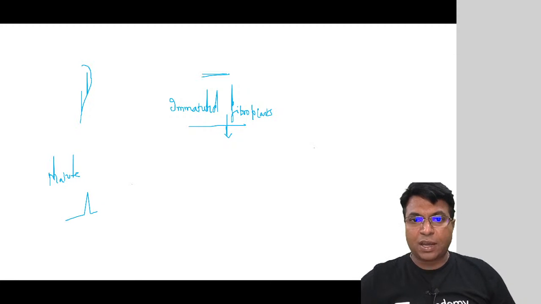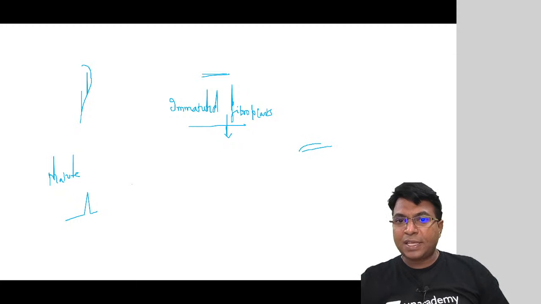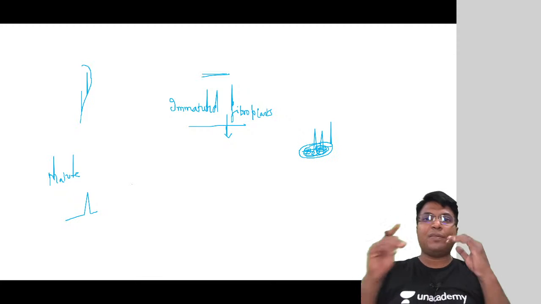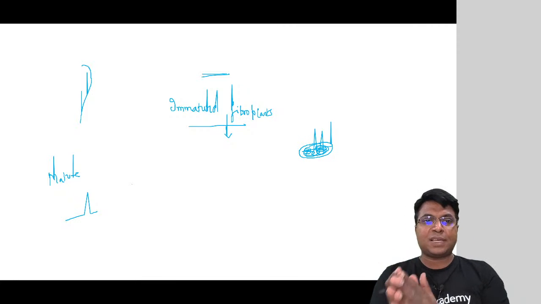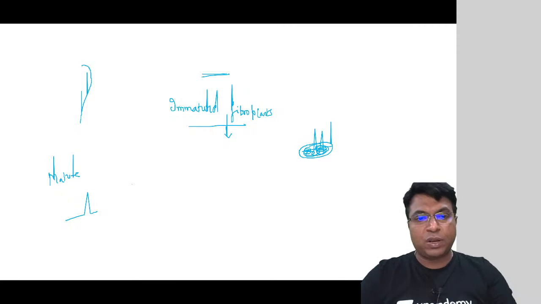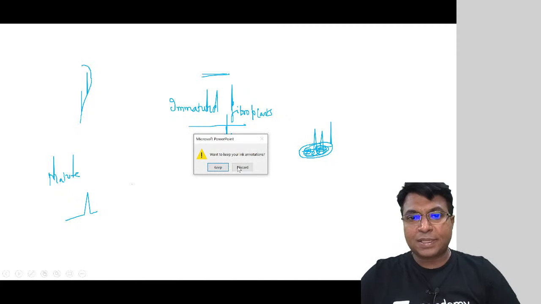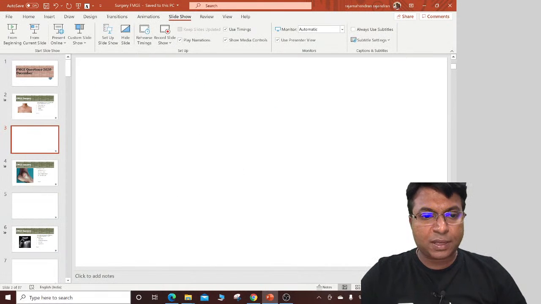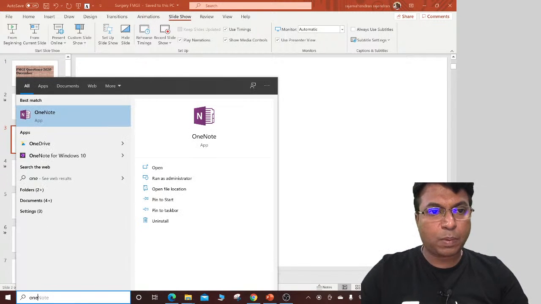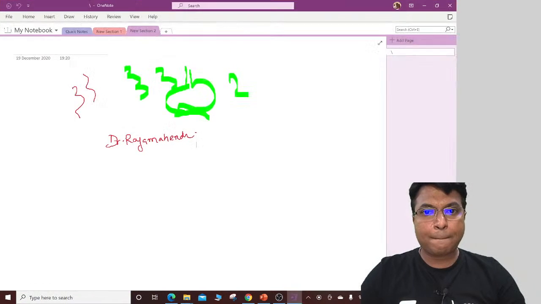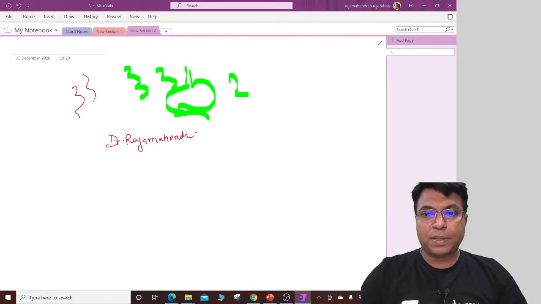A keloid will go beyond the normal existing scar, whereas a hypertrophic scar will not extend beyond the existing scar. Okay, let me open another writing pad, because there is a problem with this one.